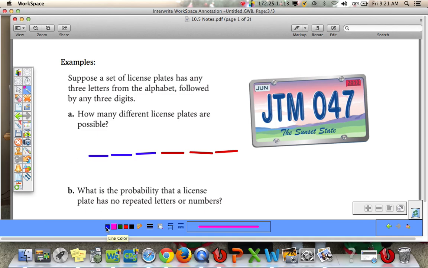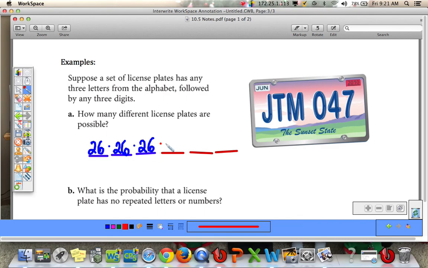And then think about how many choices we have. If they're followed by 3 different letters from the alphabet, think of how many letters there are. There's 26 choices for the first letter. If you've noticed on license plates, you can repeat the letters. You could have a J and then another J. So there's 26 choices for the next letter, 26 choices for the third letter. Now for digits, you have the numbers 0 through 9. That's 10 possible choices.